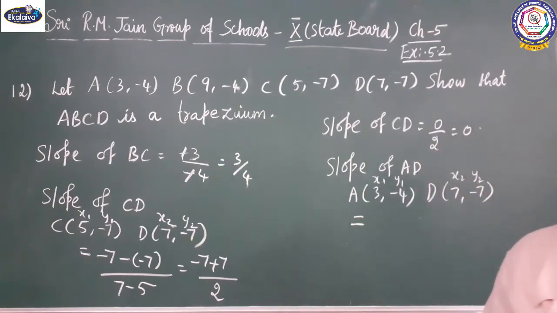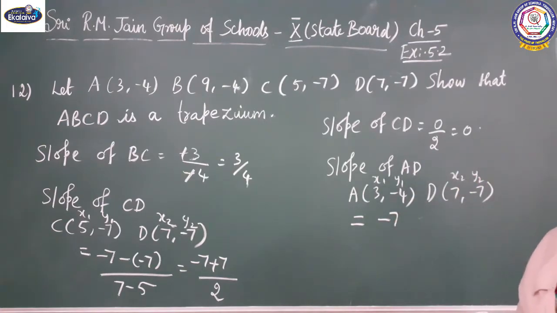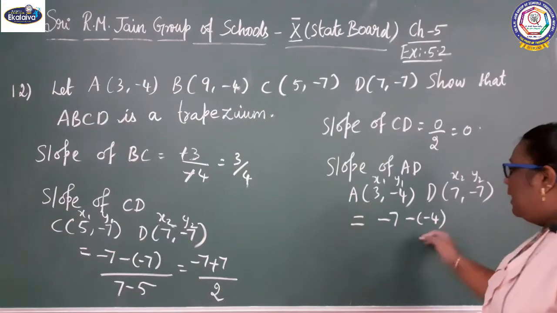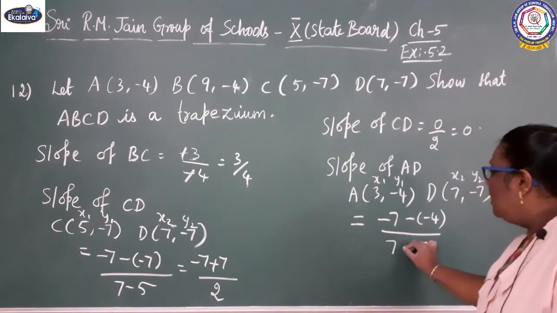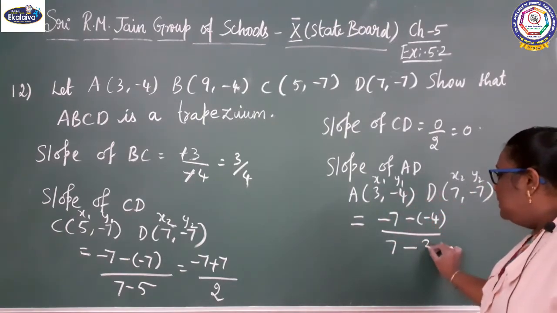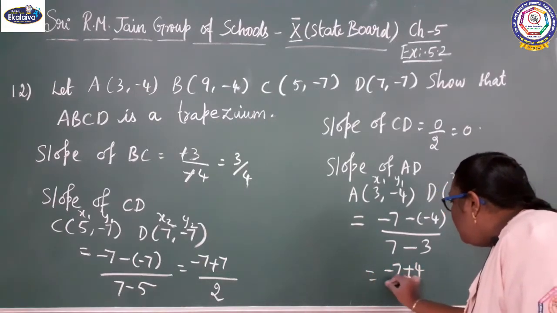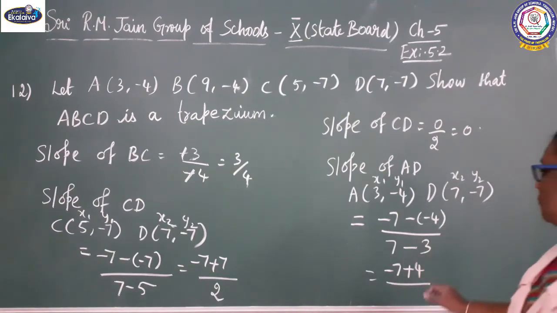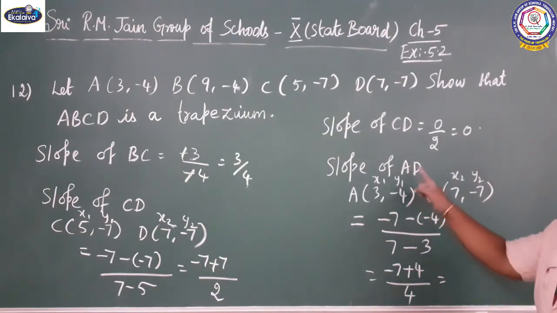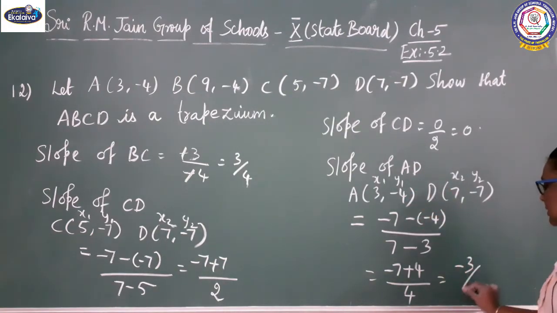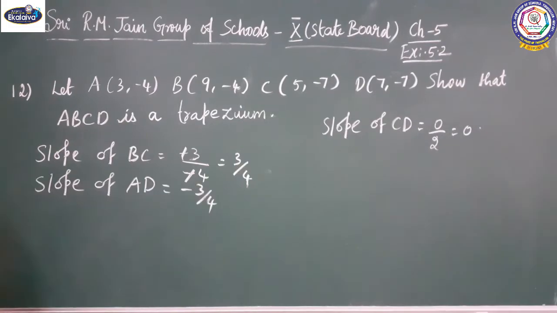It gives y2 minus y1. y2 is minus 7, minus y1 is minus 4, by x2 minus x1, x2 is 7 minus 3. So minus 7 plus 4 by 7 minus 3, which is 4. So slope of AD equal to minus 3 by 4.